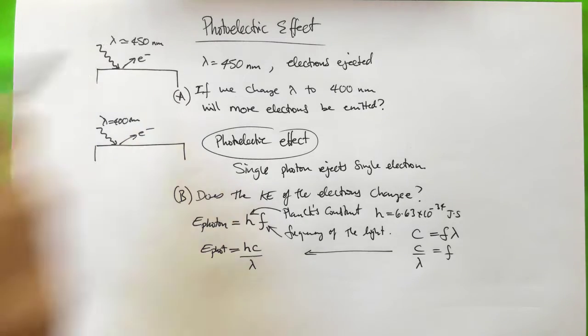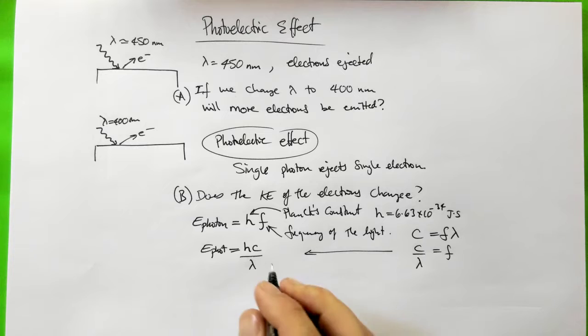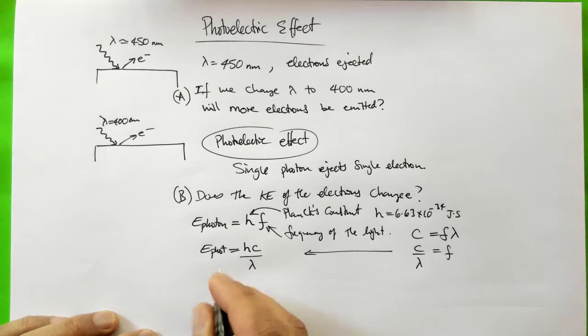And the wavelength is the information that we've got. So in the first case, let's see what we have.